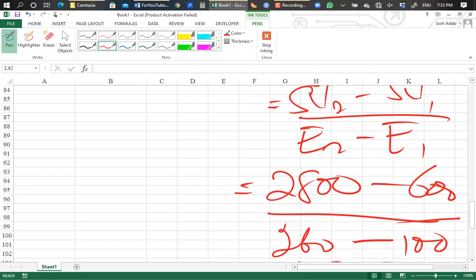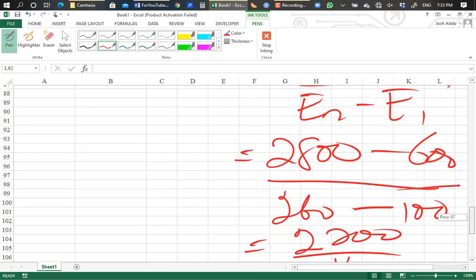Since we want to be a little bit conservative, we may want to deal with a lower level of sales volume. After all, if we plan with a lower sales volume and it happens that sales volume is bigger, that's an advantage. So based on that logic, I will choose E1. But if you choose E2, no problem. Just be consistent.